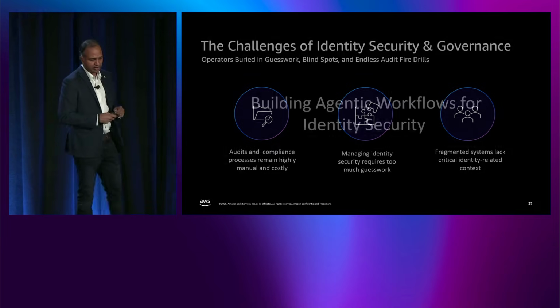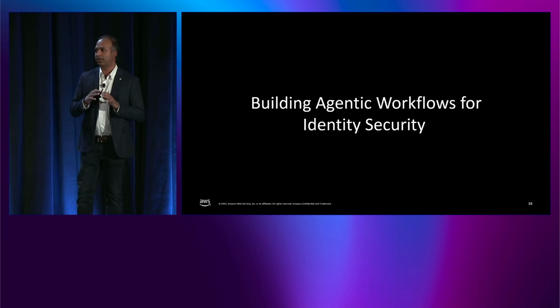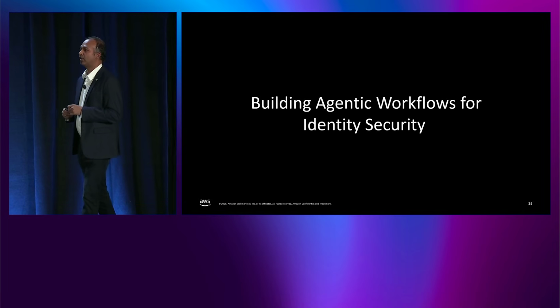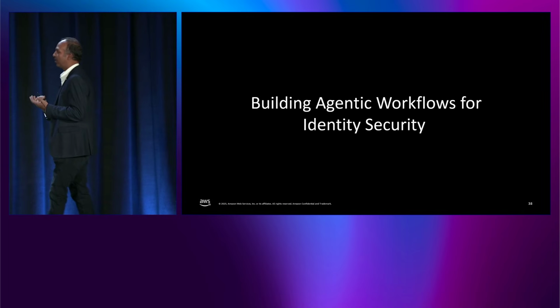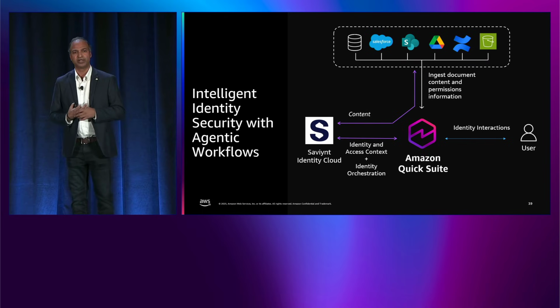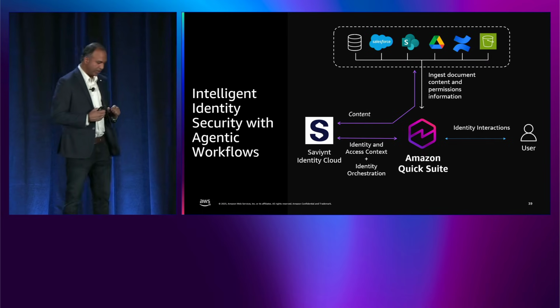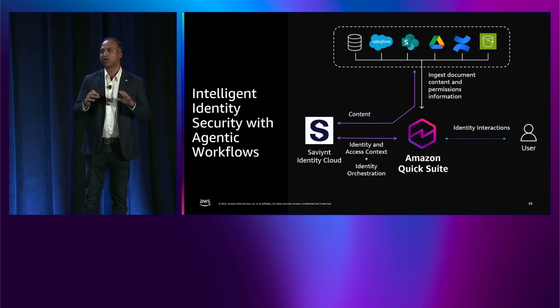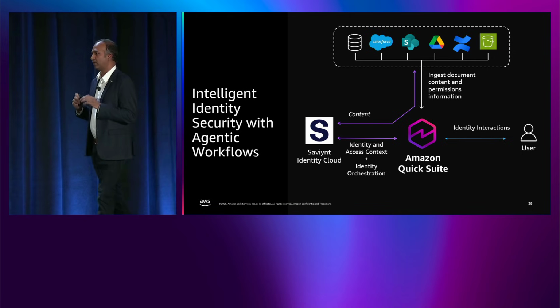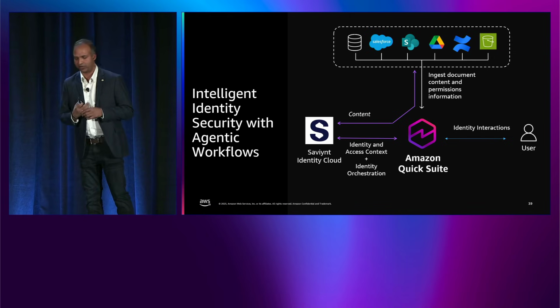So as you start thinking about these deterrents and how you can craft an effective strategy, what's very important, and what I'm very excited about, is the work we are doing with Quick Suite. If you take a look at what we are doing, on the very top are your crown jewels, the most critical, the most important applications or platforms.